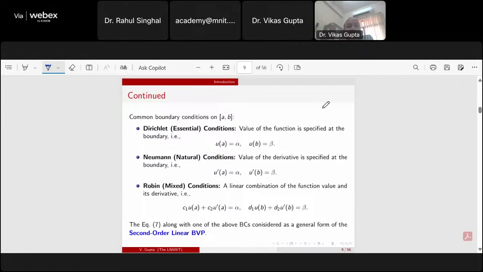Dirichlet boundary conditions are easy to tackle. In Dirichlet boundary conditions, we assign the value of the solution at the end point. In natural boundary conditions, the value of the derivative is specified at the end point of the interval. And in mixed boundary conditions, a linear combination of the solution value and its derivative is specified at the end point.